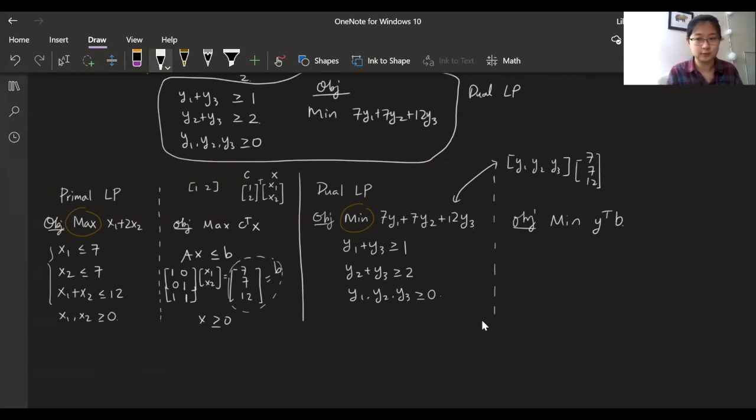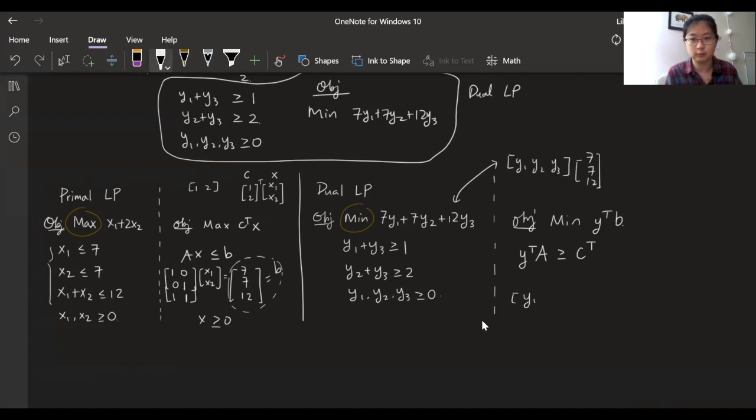And now we go into the actual constraints, and we see the constraint is Y transpose A is bigger or equal to C transpose. Okay, this is a mouthful, but we're going to see that this is exactly what we're just saying here. It's nothing new. What's Y transpose? It's a row vector, as we had on top.